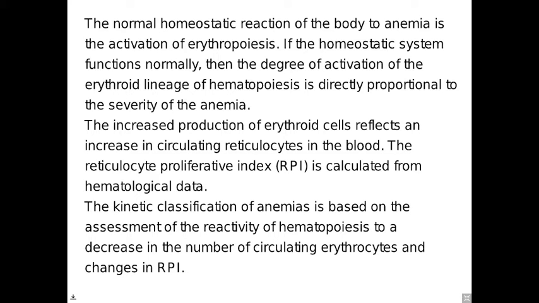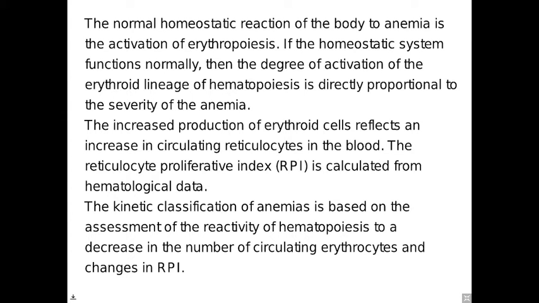So in all cases when the homeostatic system functions normally, when there are no pathological mechanisms that would affect the erythron, that would affect the conditions of the bone marrow, when the maturation process of the red blood cells is not violated, in this case the degree of activation of the erythroid lineage is directly proportional to the severity of anemia. In other words, the more severe the anemia, the more activated the bone marrow is. But only in normal conditions.